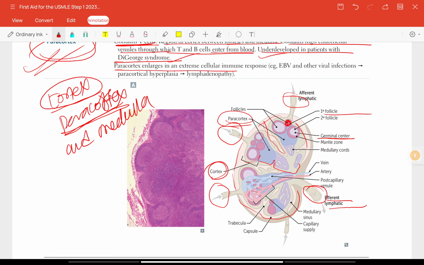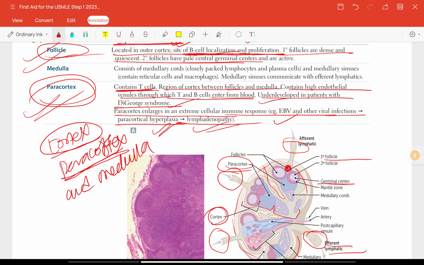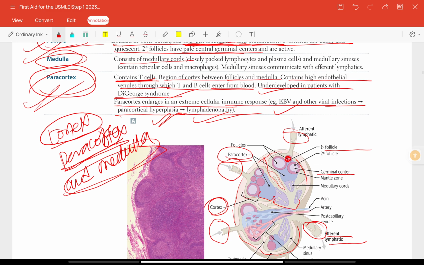The paracortex is enlarged in extreme cellular immune response, Epstein-Barr virus, and other viral infections. Paracortical hyperplasia is seen in lymphadenopathy, that is lymph swelling. Now talking about the medulla, the innermost part, the medulla consists of medullary cords and medullary sinus.